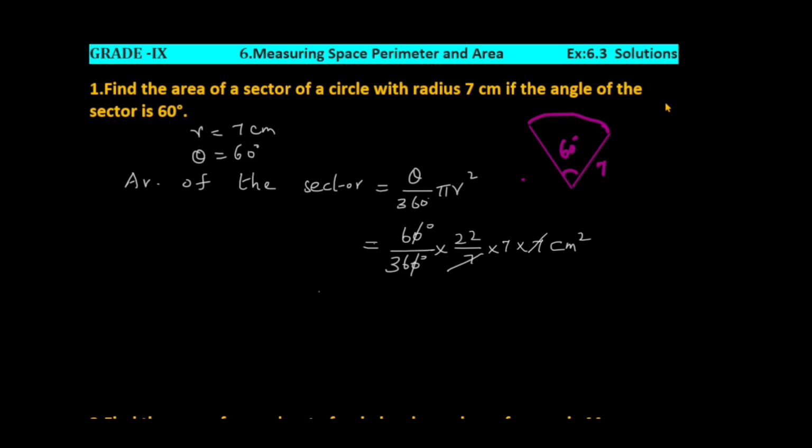So write r squared as r into r, 7 into 7. When you are cancelling this, 6 times 2 table, 3 times, this is 11. Now we are having 11 into 7 in the numerator, 77, only 3 in the denominator. Dividing this, we will be getting 3 2s are 6, remaining 1, 3 5s are 15, remaining 2 by 3 centimeter squared or square centimeter is the area of the sector.